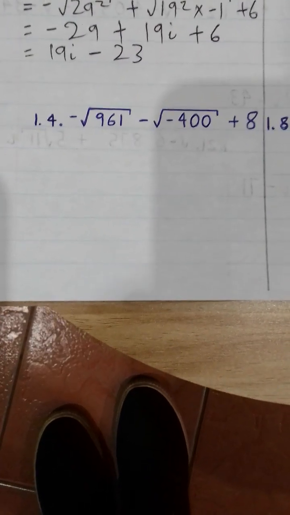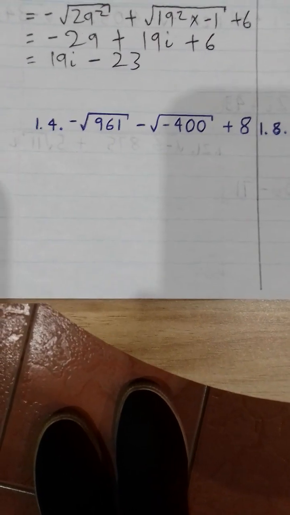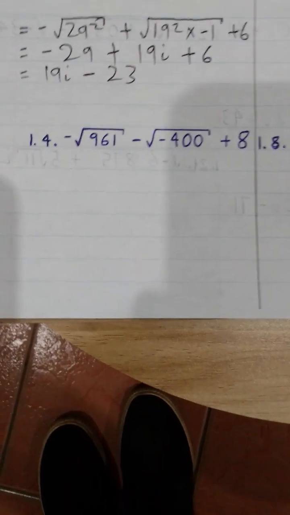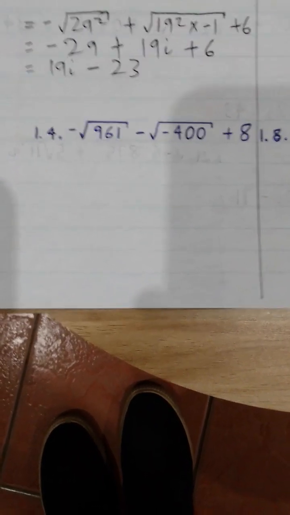1.4, you have negative the square root of 961 minus the square root of negative 400 plus 8.